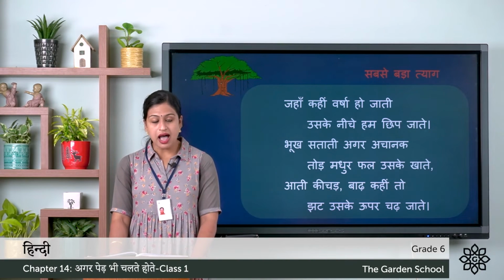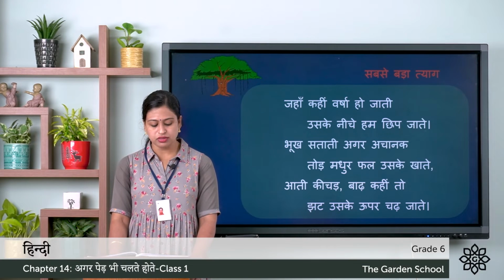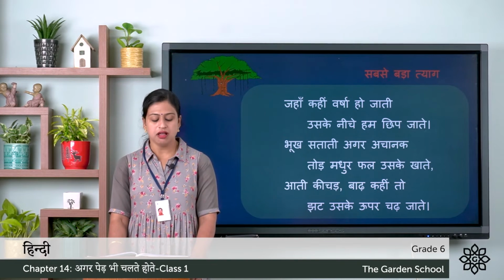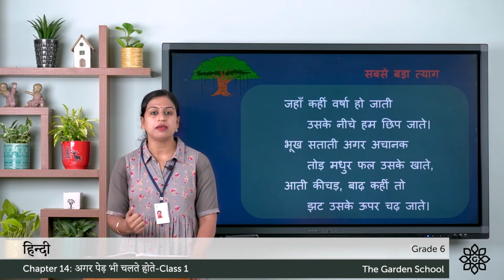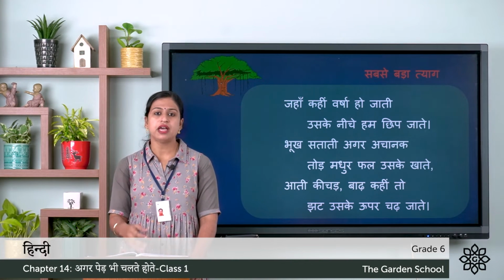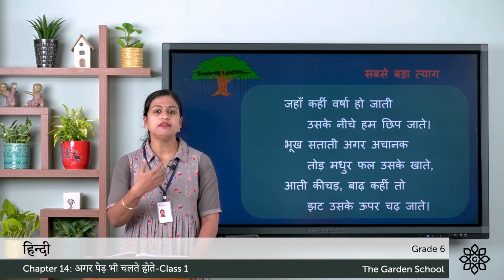Next line, आती कीचड़ बाढ़ कहीं तो झट उसके ऊपर चढ़ जाते. Here कीचड़ means mud, बाढ़ means flood, ऊपर means up, and chad means to climb. So the meaning is that where there is flood or mud, we would have dragged it and would have climbed it.